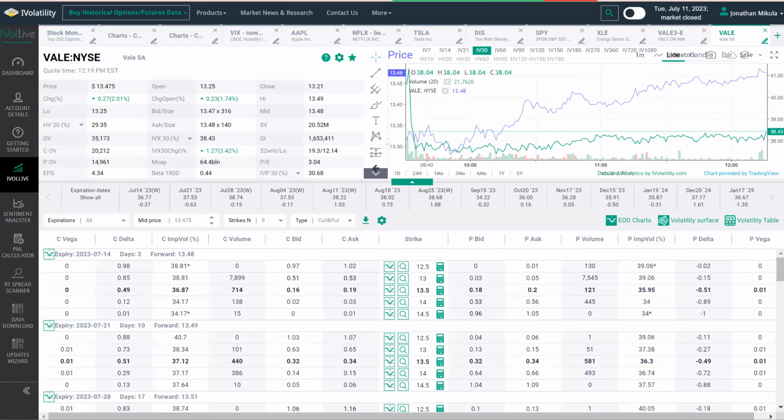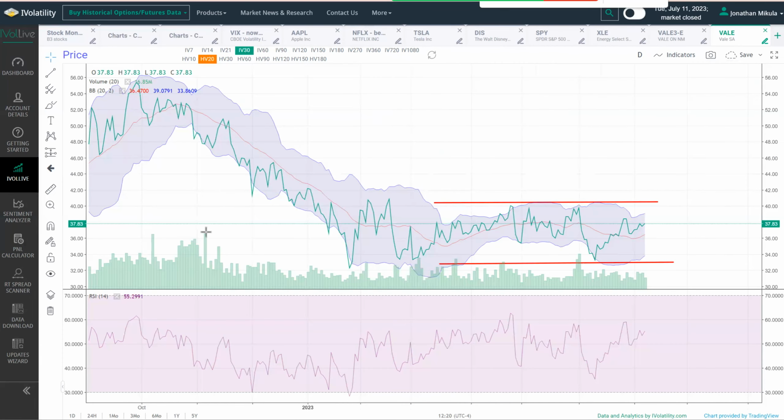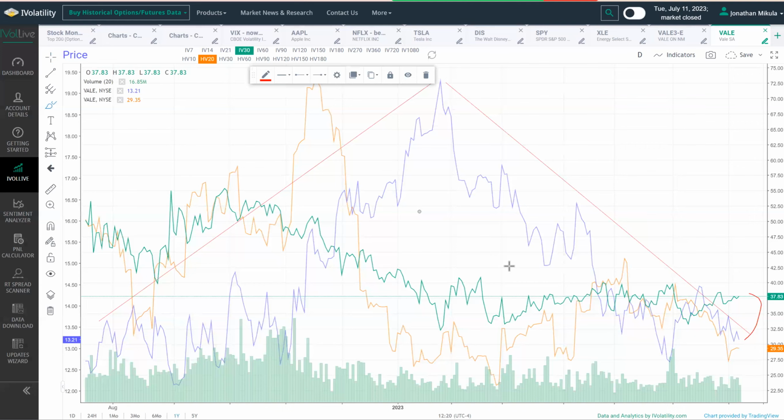So one of the things that I think is going to happen, we can see on this last chart here, this is price. Vale's had support. Let me zoom in a few more. Vale's had support here around the $12 to $13 range, which has tended to be the low for Vale over the past year.